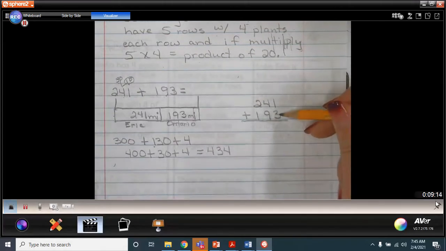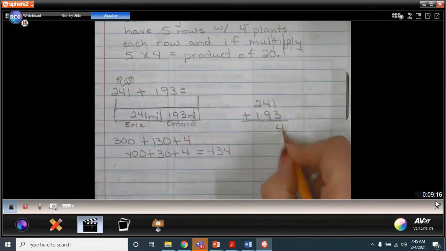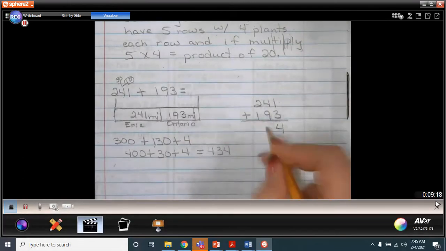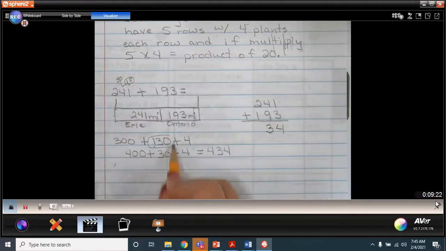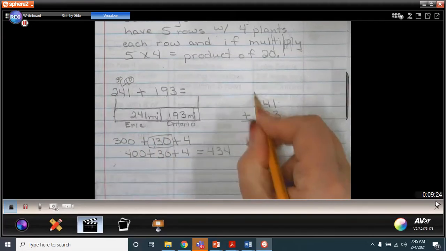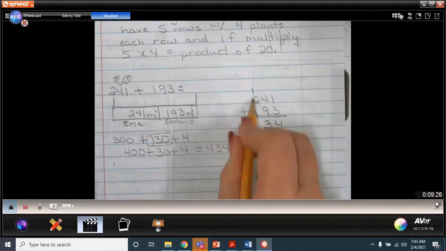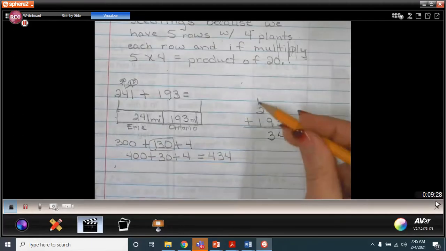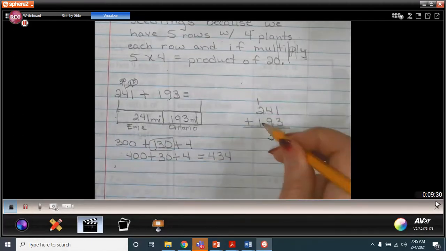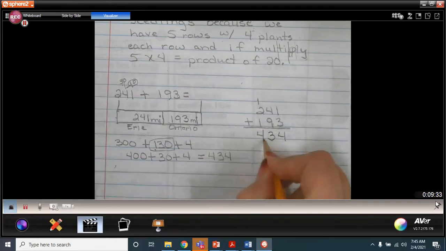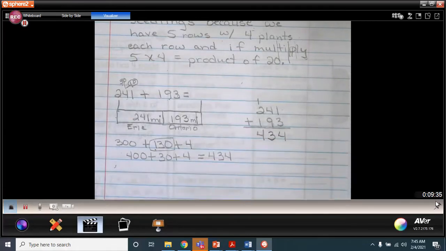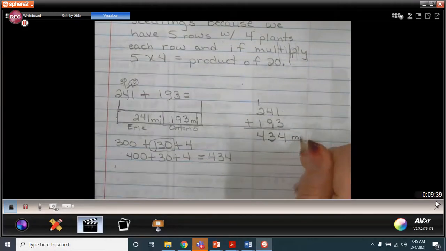So 3 plus 1 is 4. 90 plus 40 should be 130 because we just did that math right here. So we carry that 100 to the hundreds place. And we have 100 plus 200 is 300 plus one more 100 is now 400s. So we have 434 miles altogether.